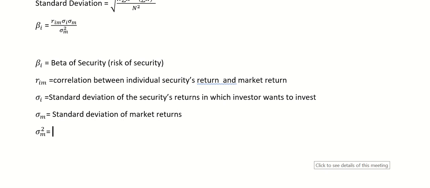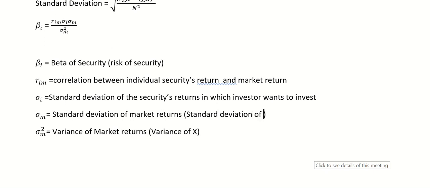M is basically the market return, that is BSE, which we call X. So basically now what we have to do is calculate the standard deviation of both X and Y, but the variance of only X. We have to calculate variance of X, here standard deviation of X, and here standard deviation of Y.